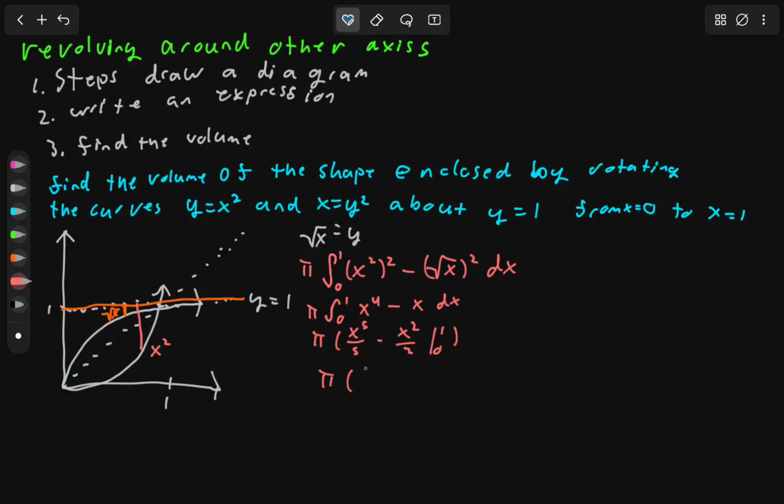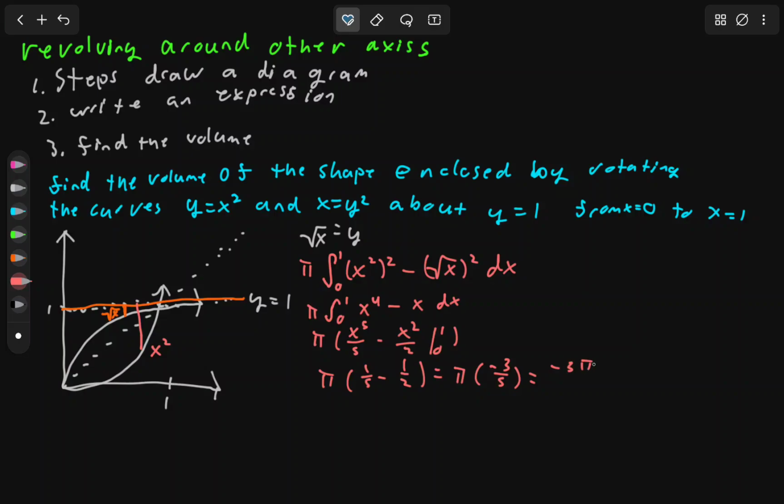So we get pi times 1/5 minus 1/2. Getting a common denominator, we get 2/10 minus 5/10, which is going to give an answer of pi times -3/10.